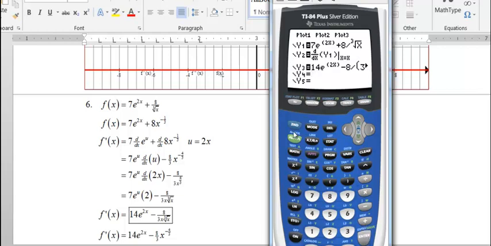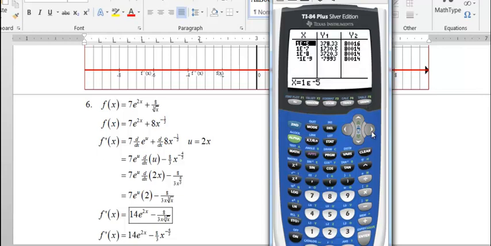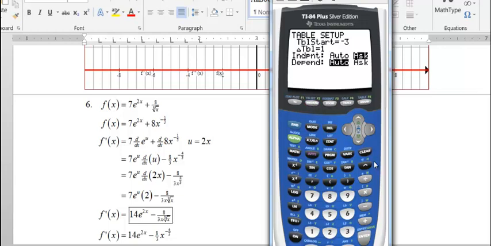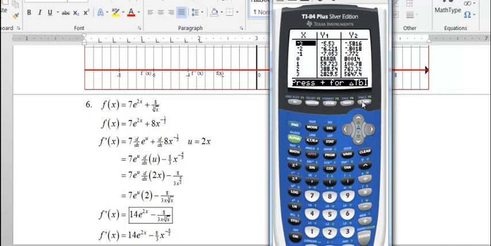Okay, now when I look at the table, what should I see? I should see y2 and y3 the same. Okay, oh, that's y1 and y2.